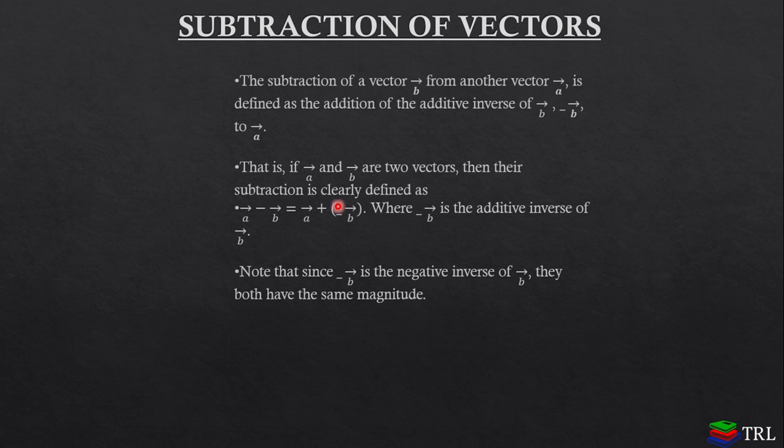However, this particular one will move in the opposite direction of this, since this becomes the minus of this vector.